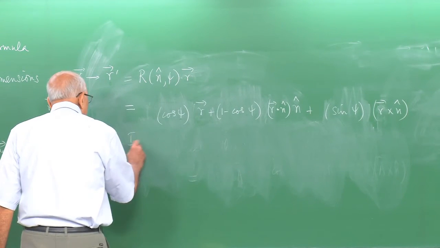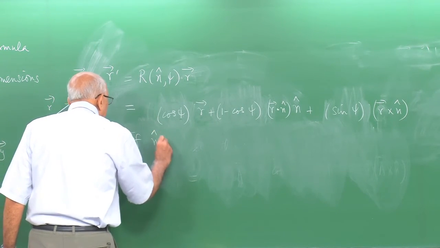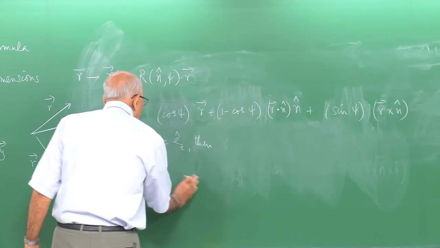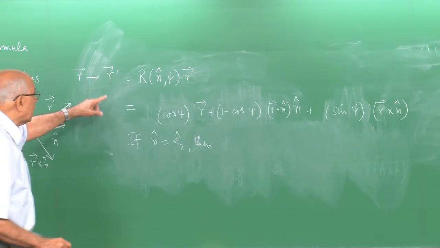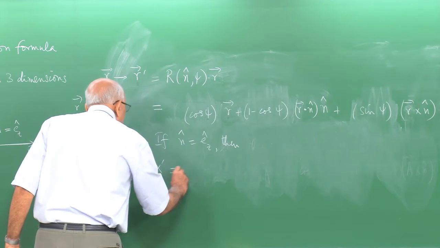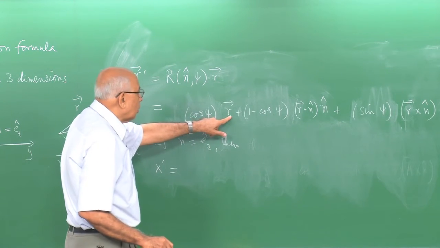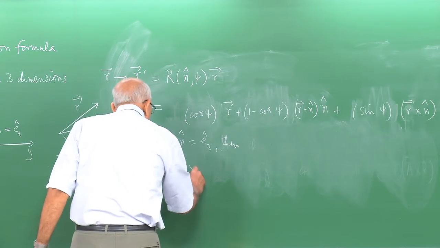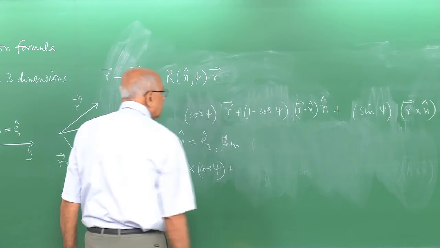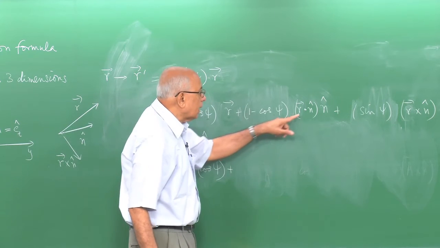because if n equals ez, then let's look at what the new coordinates are, and let's look at the x component of it. So this is x prime, and that must be equal to the x component of r, which is x itself, x cos psi, plus 1 minus cos psi r.